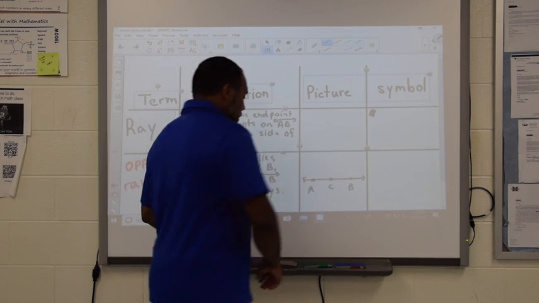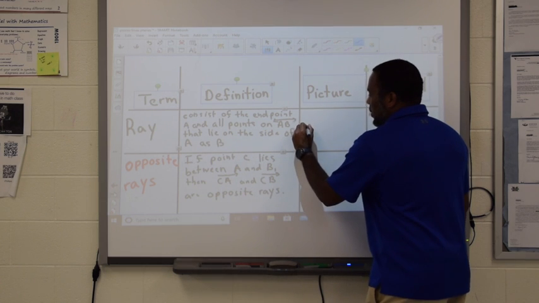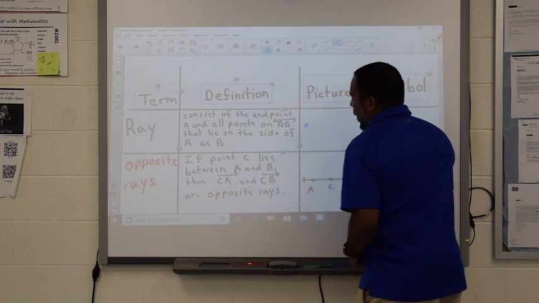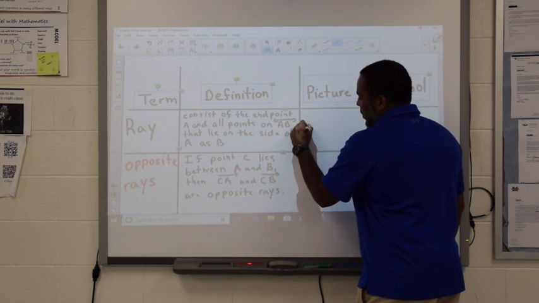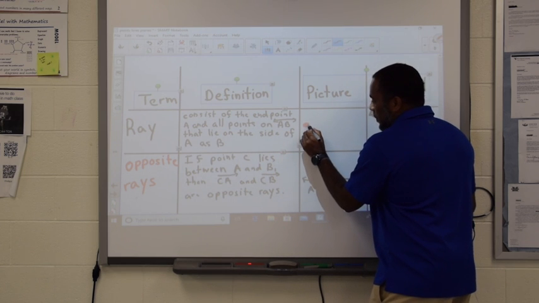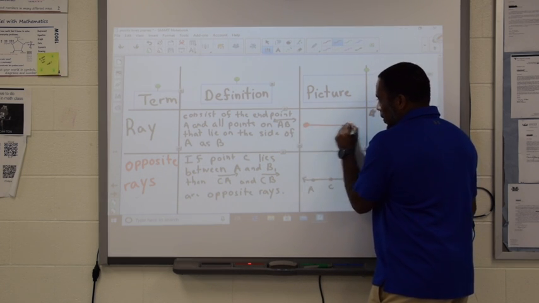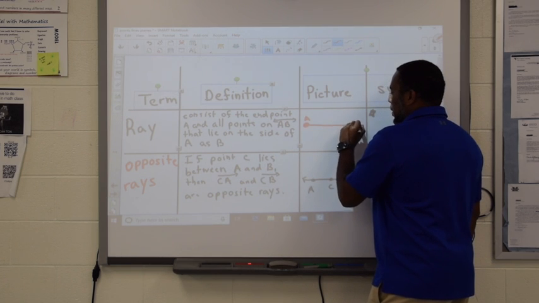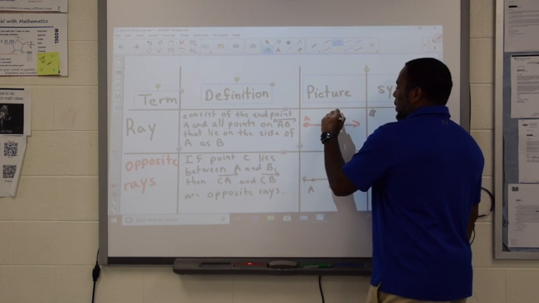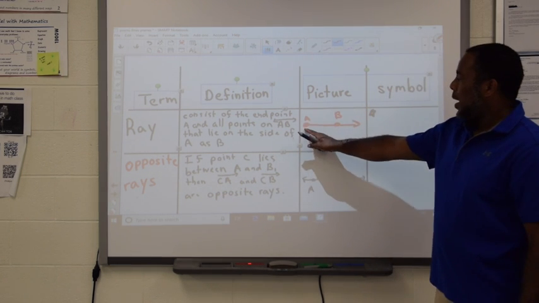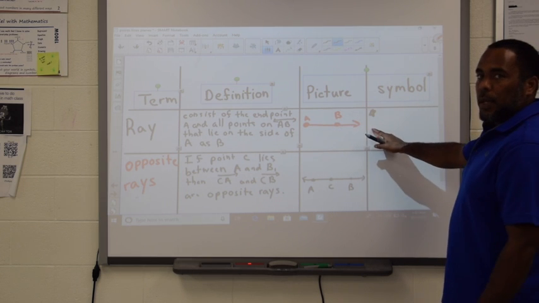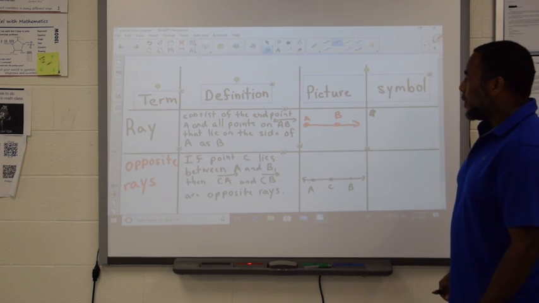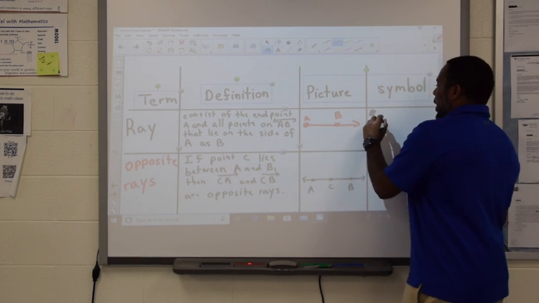Literally, I like to say you start at the sun, the red sun, and then it starts from A all the way through B. That's a ray. This is ray AB.